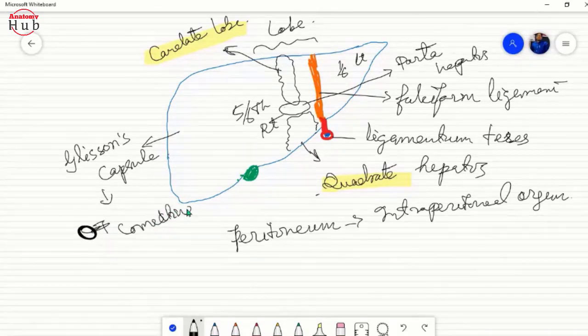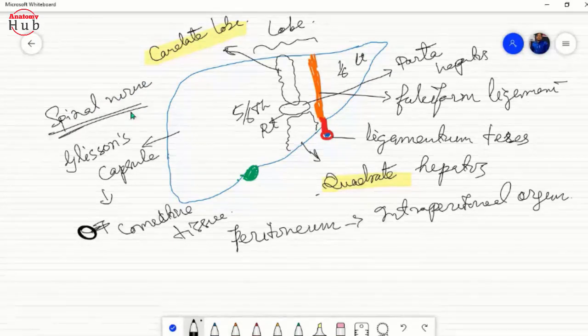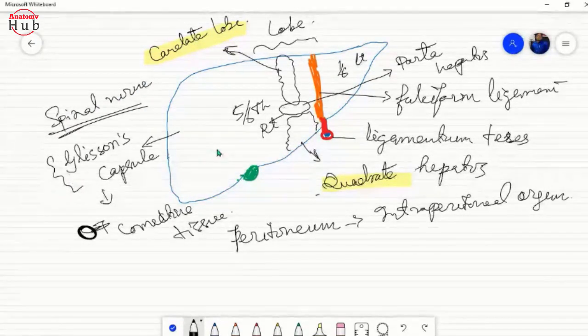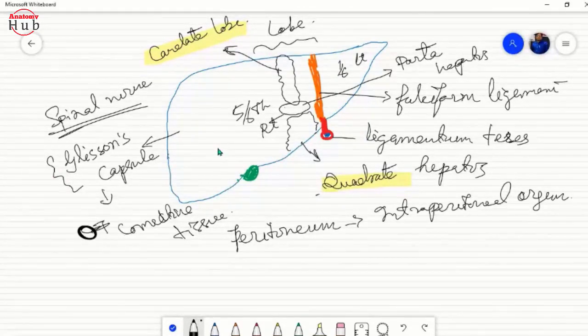And this Glisson's capsule is innervated by your, what is that? Spinal nerve. That's why this capsule is pain sensitive, but the liver is not pain sensitive, because it is innervated by our sympathetic and parasympathetic nerves, which we will discuss later on.